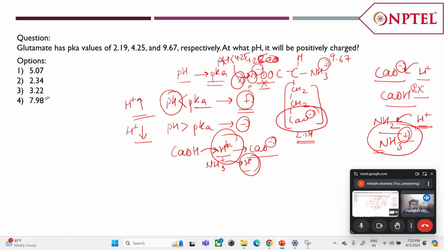The charge would be 0. At pH less than 2.19, it would be 0. And for this also, if the pH would be less, then it would be positively charged.